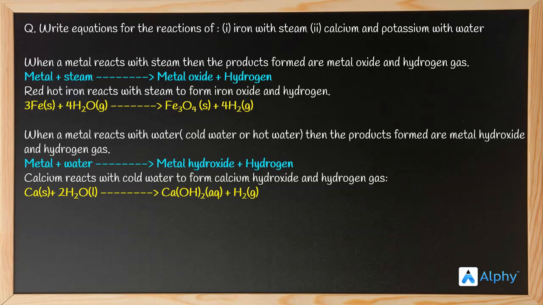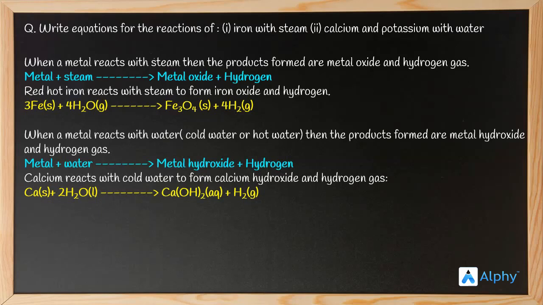When we wrote metal plus water, we kept H2O in its liquid state. That's how you show whether the water is in its original liquid form or in steam form.